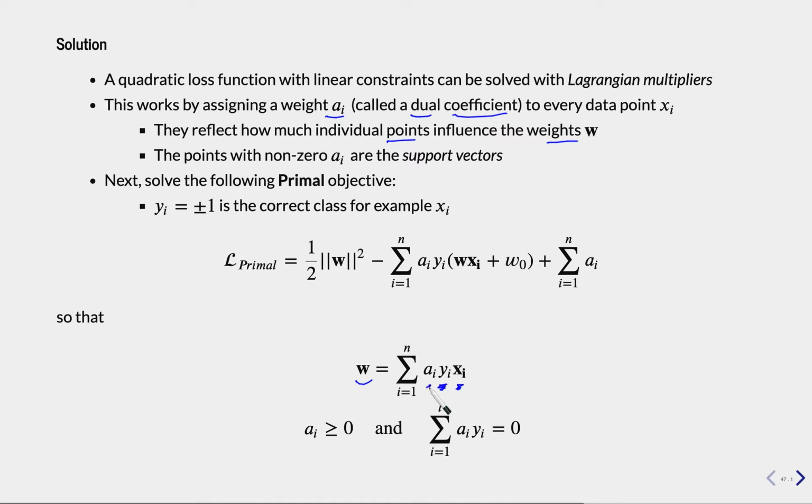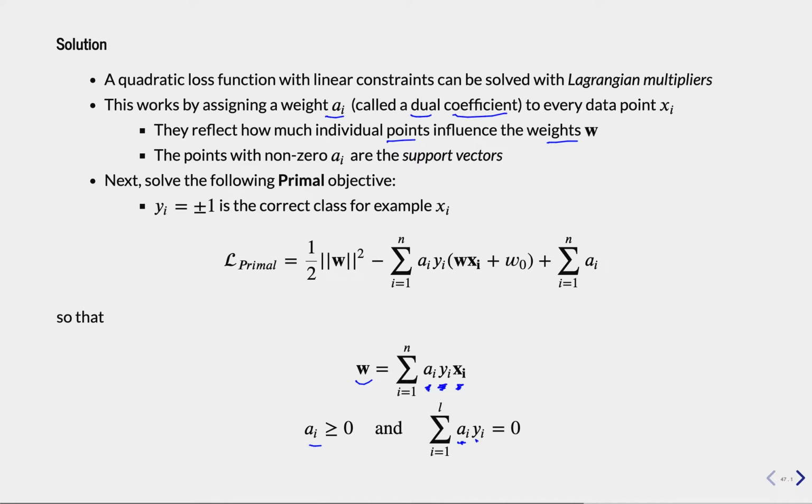And then alpha i is how much this point influences the overall weight. Right? It's defined like this. These weights have to be positive, and they also have to sum up to 1 when multiplied with the correct sign. Right? So summing up all the positive. So this will be positive for the positive points. Right?